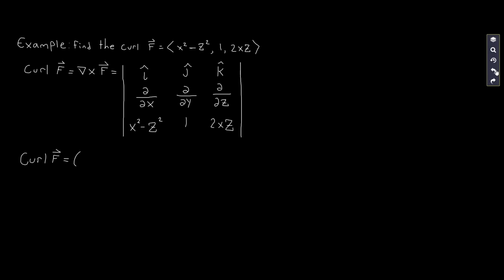I might need more room. Blank minus blank, i hat, minus, because you're always going to subtract what you get when you do j hat, blank minus blank, j hat, plus, because you're always going to add what you get when you calculate your things for k hat, plus blank minus blank, k hat.